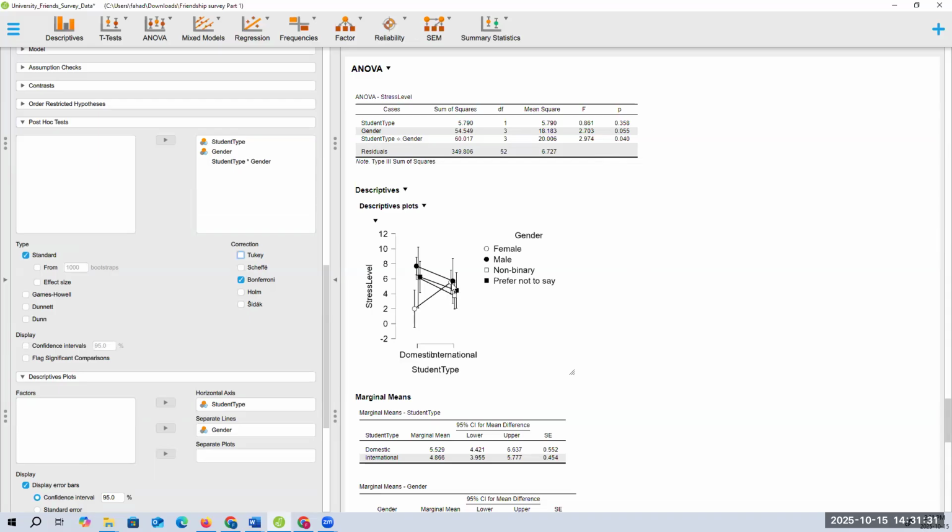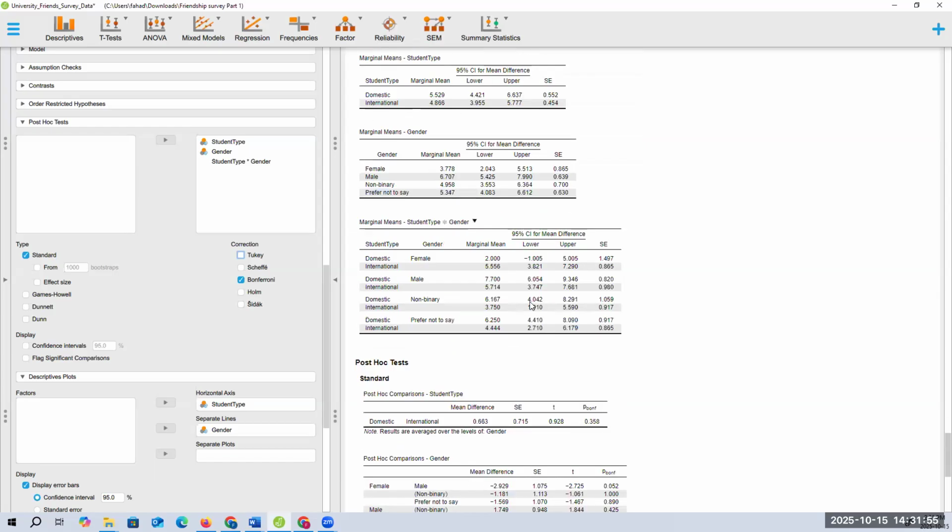Males, lower stress level for international; female, lower stress level; and non-binary, lower stress level in the international. So it's the females who have the higher stress level compared to the females of the domestic, whereas in contrast, the males in the international group have lower stress level compared to the domestic. So that's interesting in terms of looking at post hoc.